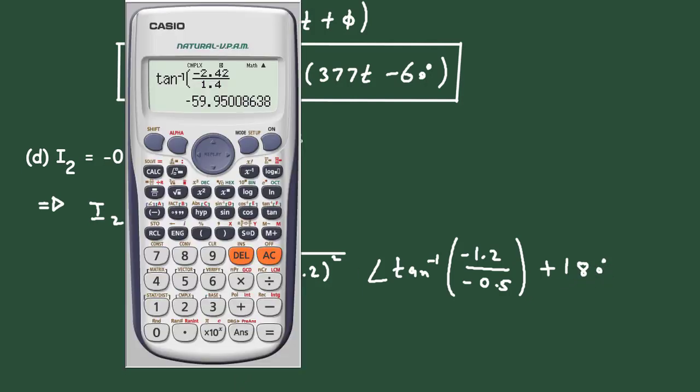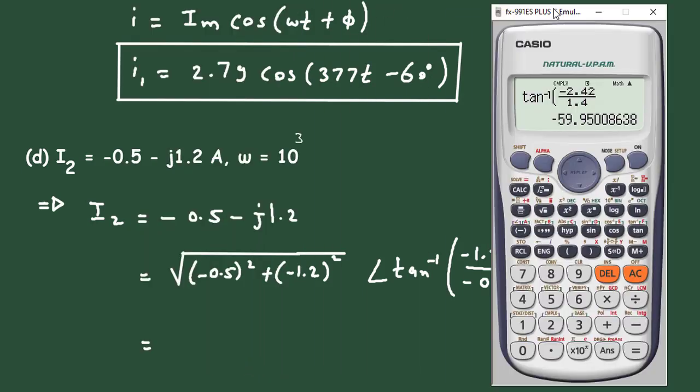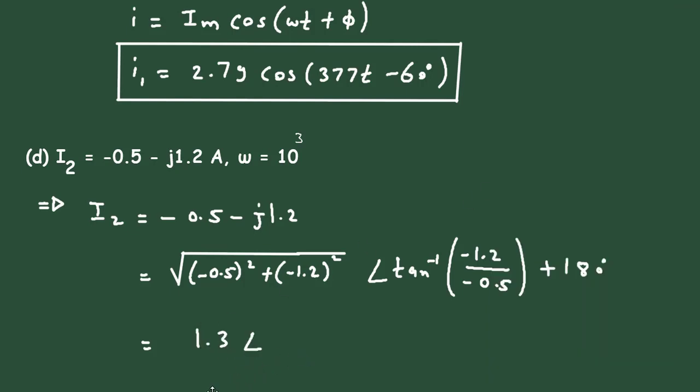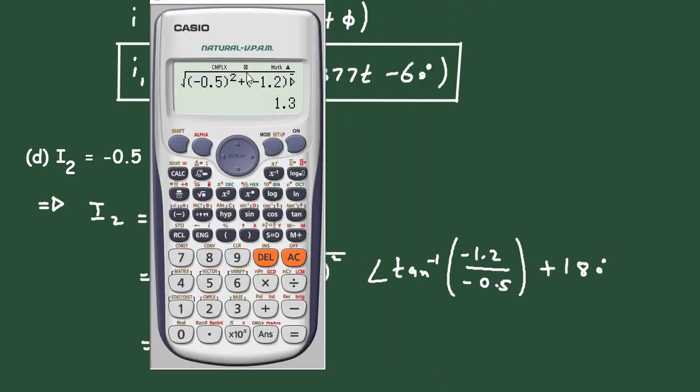So now this will be under root of minus 0.5 square plus minus 1.2 square, so it is 1.3 at an angle tan inverse of minus 1.2 divided by minus 0.5, so it is 67.38.